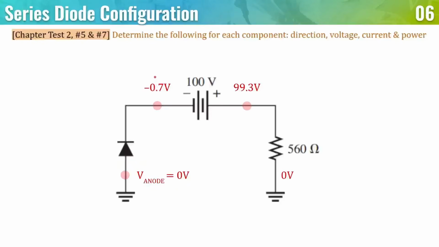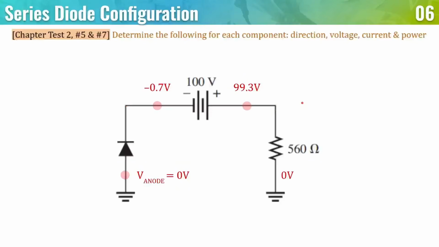So this is negative 0.7 volts at this node, or rather it should be over here. Negative 0.7 volts at this node. And then plus 100, we have 99.3 volts. So the node is going to be until here.